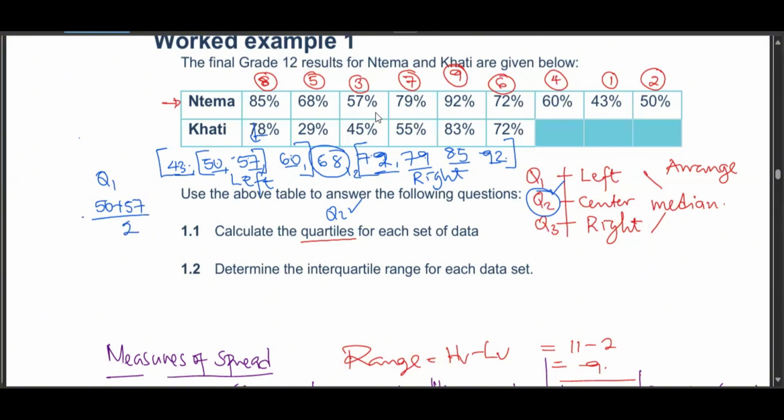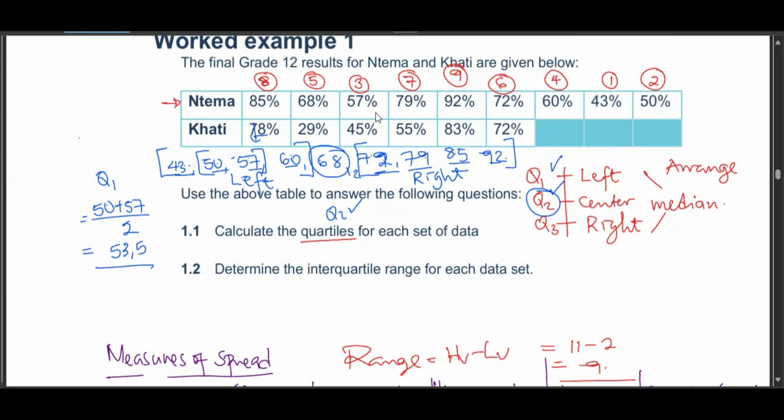Please add them as if you're looking for medians. 50 plus 57 is 107, divided by 2. So that's Q1. Q1 is done.